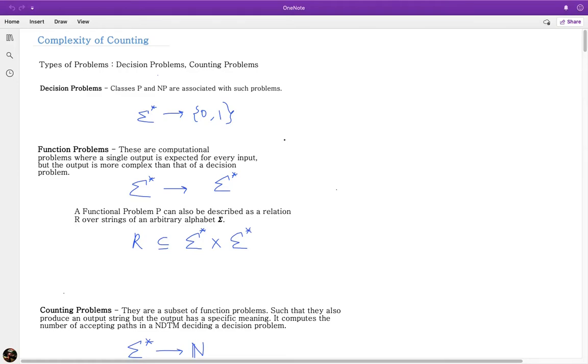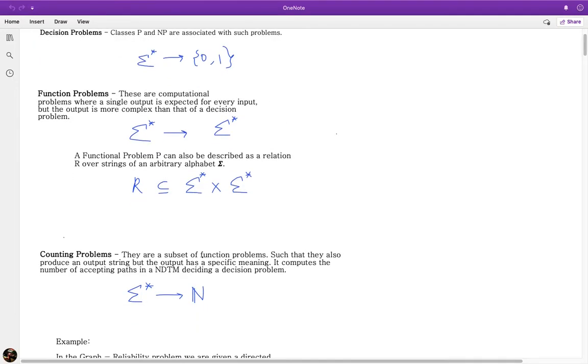A function problem P can also be described in the form of a relation, because we are concerned with two strings, the input and the output. We can characterize them as a relation R, which is a set of tuples of two strings. So R here is a subset of sigma star times sigma star.